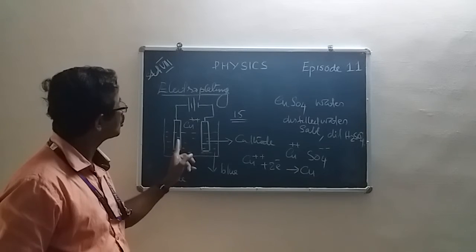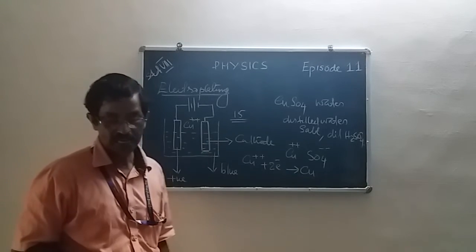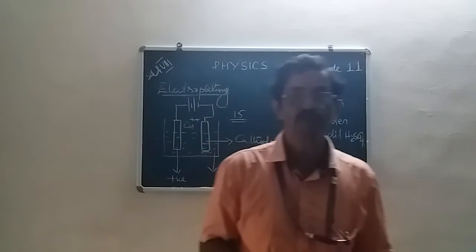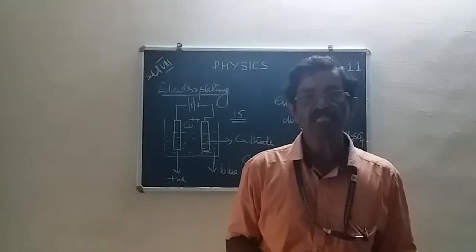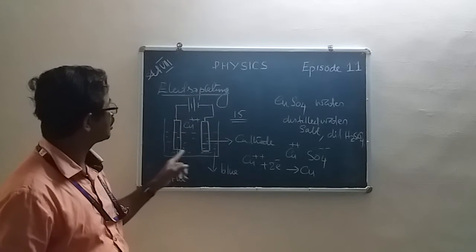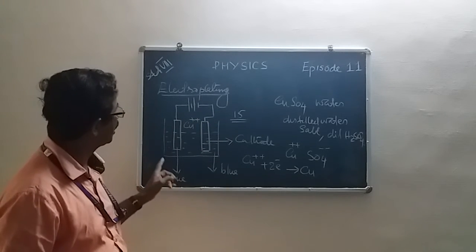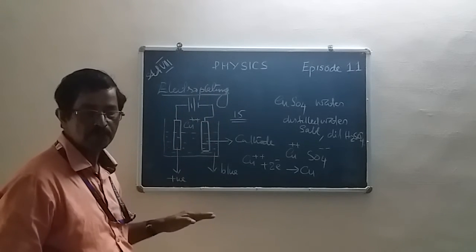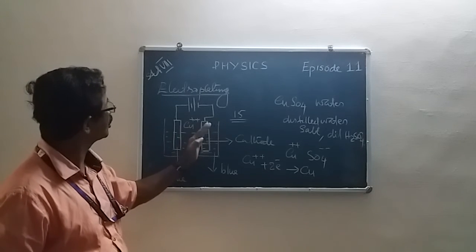In this way copper is deposited on the electrode. This is the electroplating of copper that we can observe.